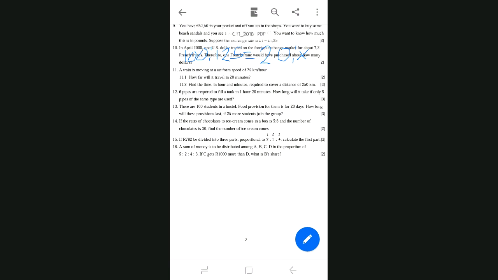So 100 divided by 125 will be 20 divided by x.